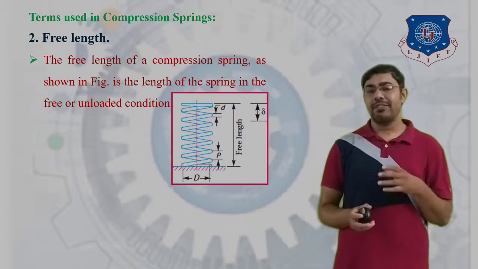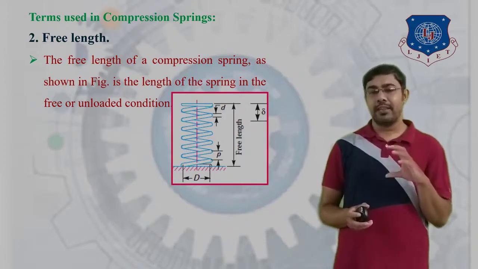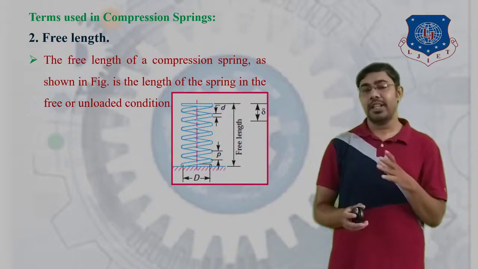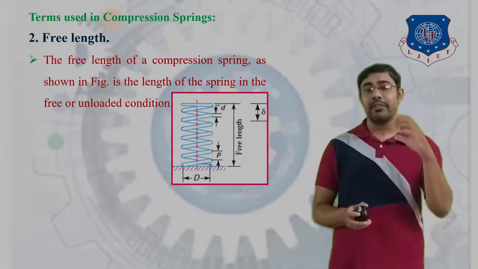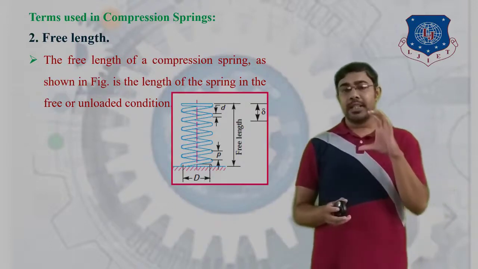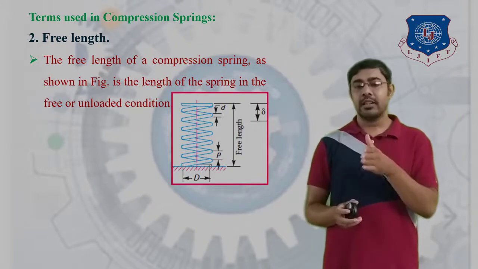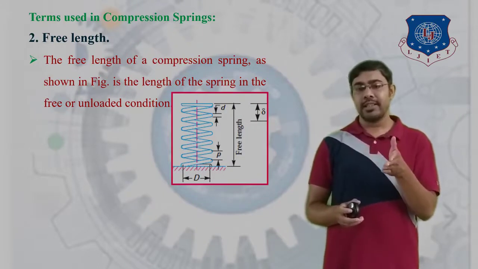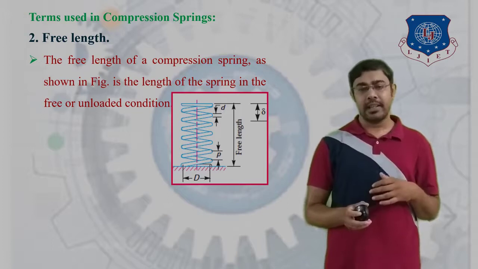So in the figure you can see the compression spring in unloaded condition, and whatever the length of this spring in the unloaded condition is nothing but the free length.